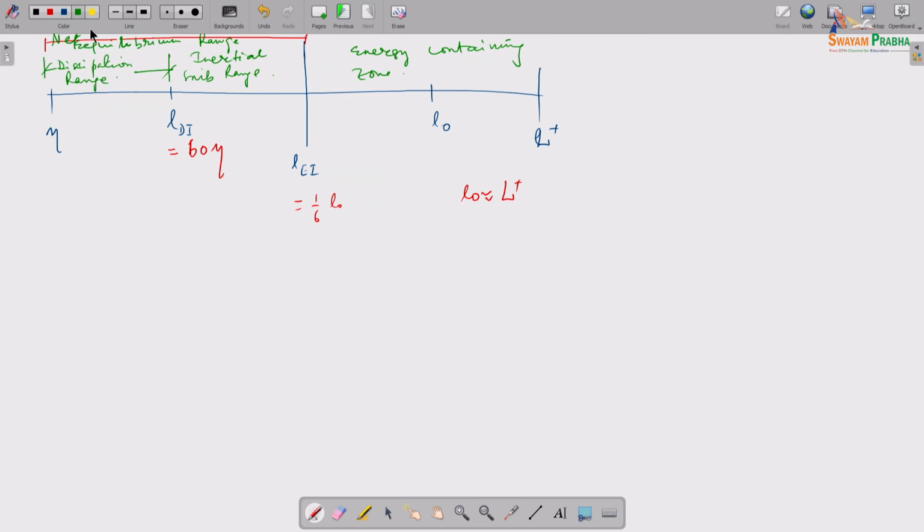So in this context, as you can see, the net equilibrium range is less than 1/6 of the largest size of the eddy, right?